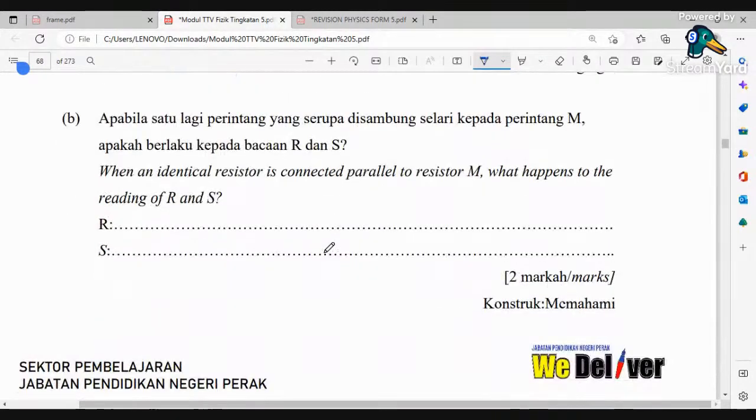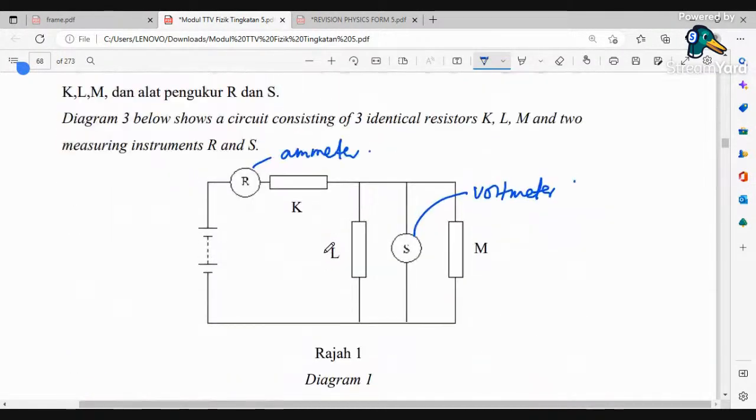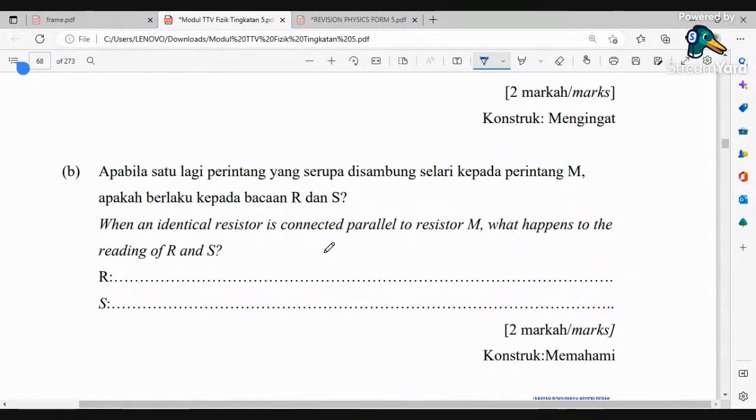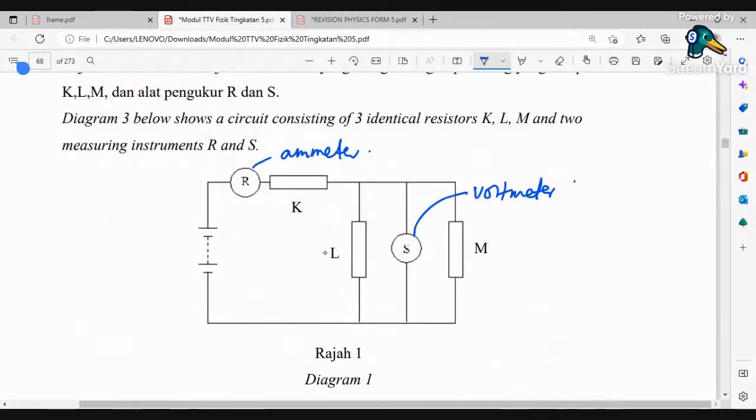Okay, bahagian B, when an identical resistor is connected parallel to M, what happens to R and S? Tambah lagi satu parallel to M. If you increase the parallel one, identical, the effective resistance for the parallel connection is smaller.